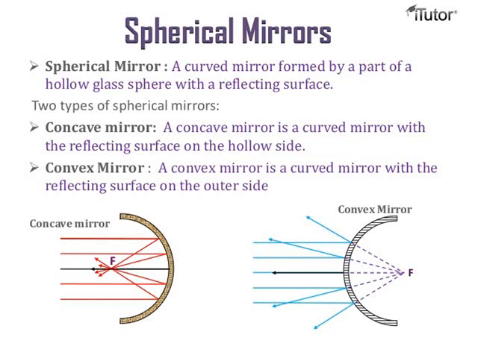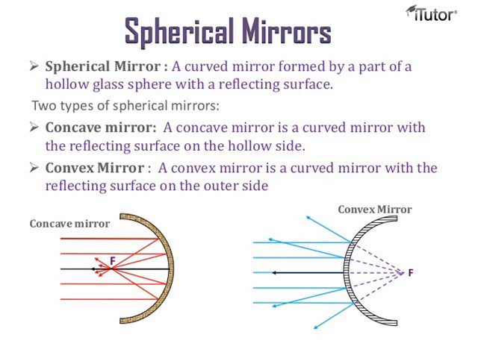On the concave mirrors, the red color lights are passing and getting reflected, and they are converging at a point F. So the reflecting surface is inside the mirror, and on the other side, convex mirrors are there, and you can see the blue color lights.